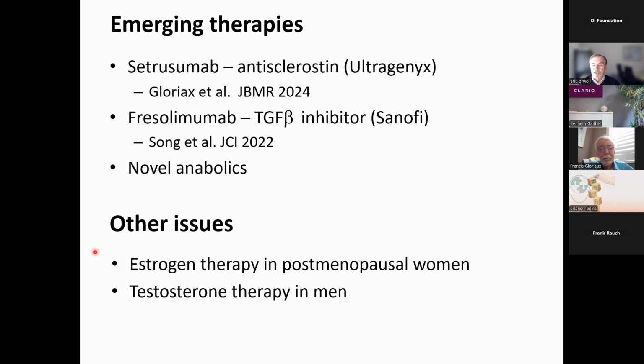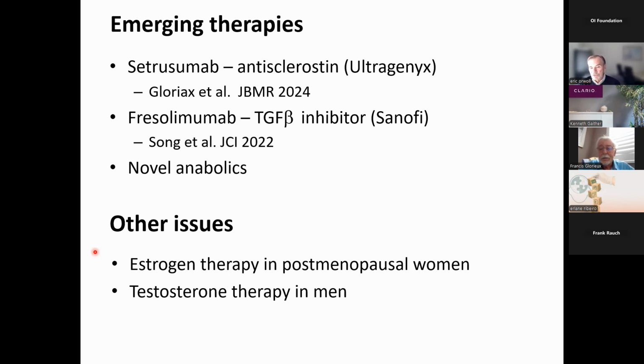Testosterone therapy in men is even more complicated. There are no data that I know of with the use of testosterone therapy in men with OI and low testosterone levels.